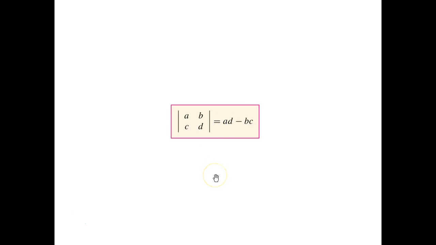Okay, I'm not sure if you recall this, and maybe you've never had it before. A determinant of a 2x2 matrix, really easy thing to do. You do the product of the main diagonal minus the product of the other diagonal. So the determinant of this 2x2 matrix is AD minus BC.